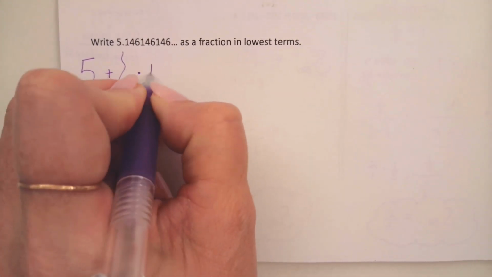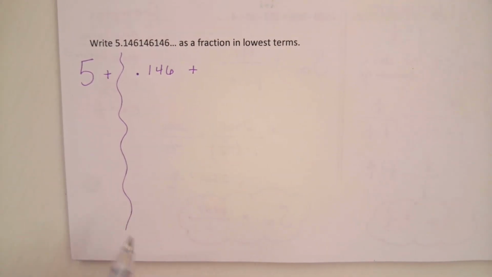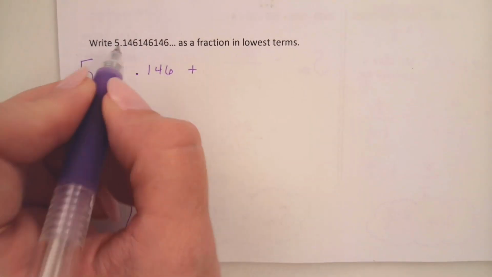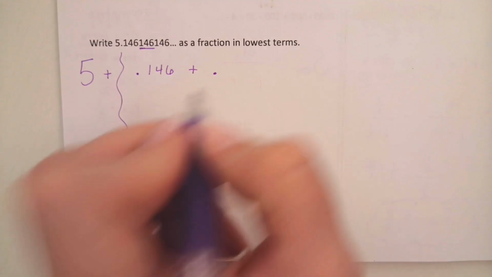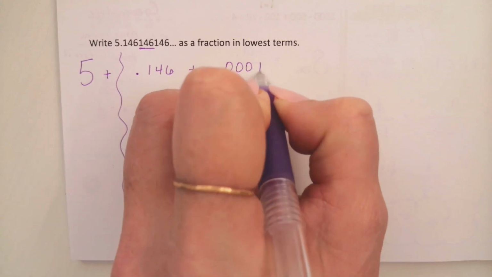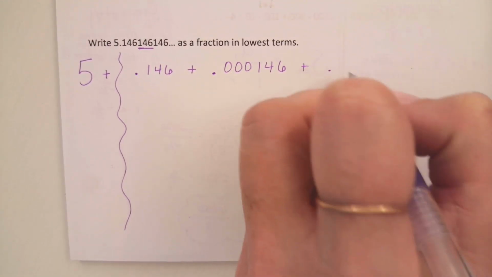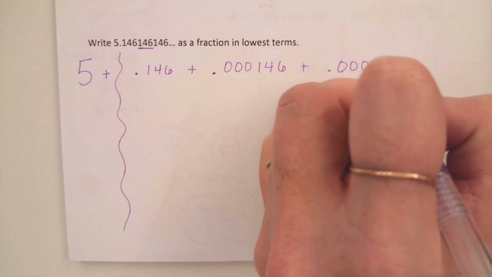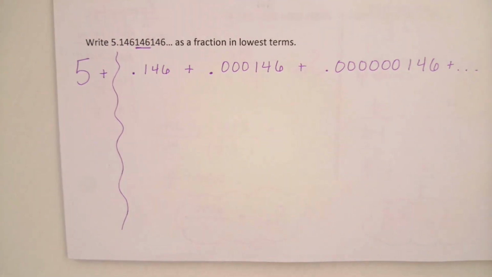That would be 0.146 is my first spot in this series. In order to get a 146 in decimal places 4, 5, and 6, what are we going to have to add? 0, 0, 0, 146, etc. So we'd be multiplying by 0.001 this time.